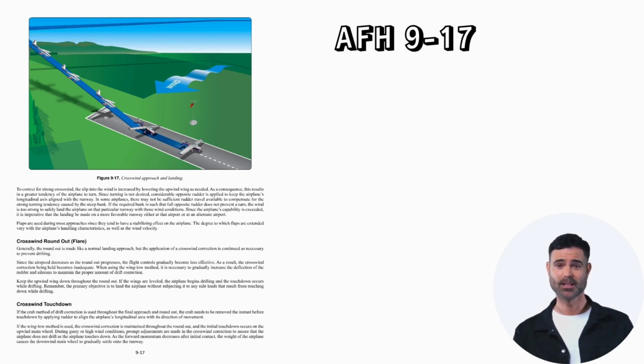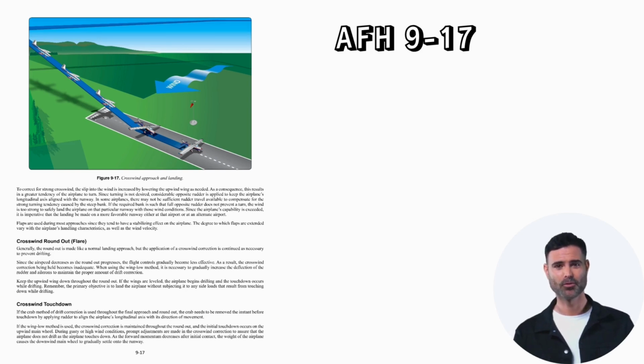Since the airspeed decreases as the round out progresses, the flight controls gradually become less effective. As a result, the crosswind correction being held becomes inadequate. When using the wing-low method, it is necessary to gradually increase the deflection of the rudder and ailerons to maintain the proper amount of drift correction.